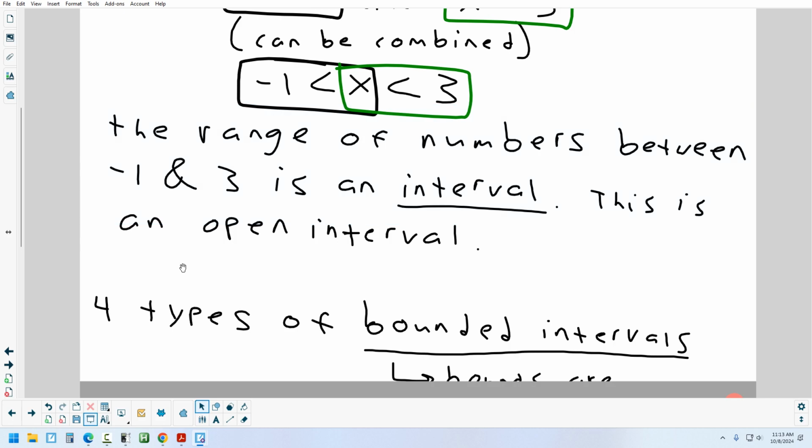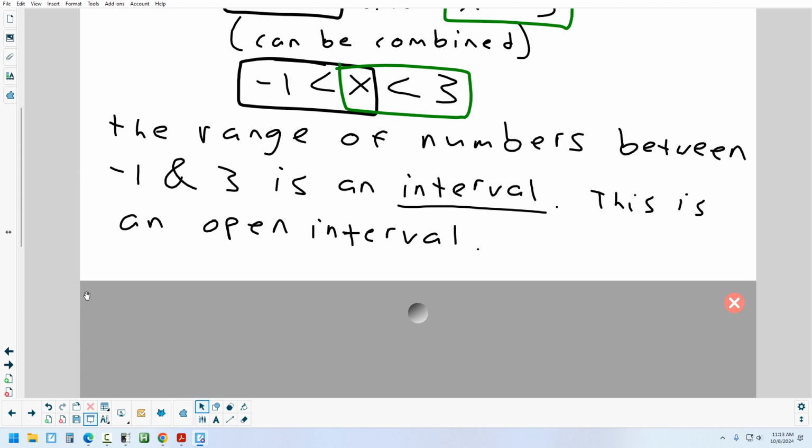So what that basically means is that is an interval. That means you can pick a number between -1 and +3. Now, can you include the -1 and the +3? No, it's strictly less than inequalities.